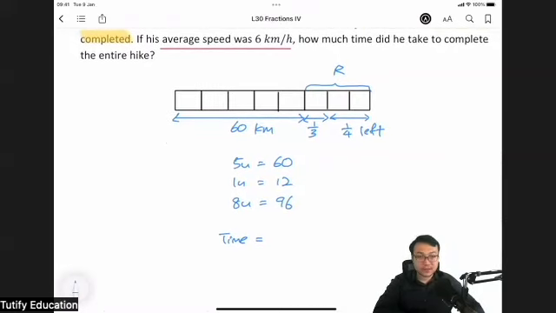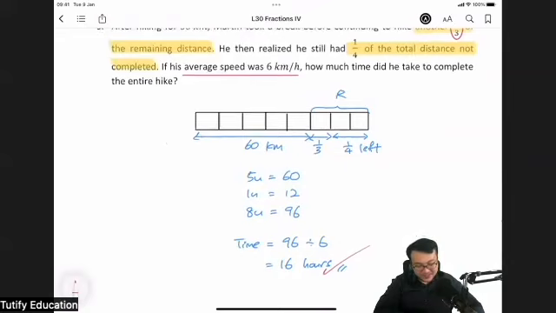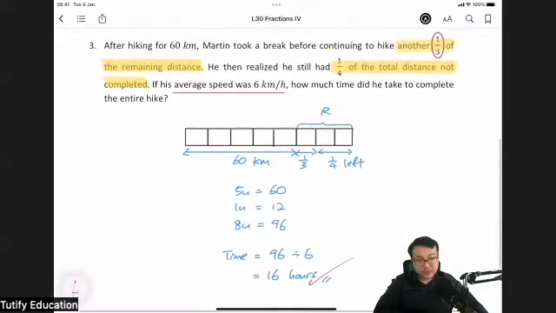How much time will he take, Kevin? 96 divided by 6. Very good. 96 divided by 6, you will get 16 hours. Wow, he walked for so long, 16 hours. Well done, Kevin. Kevin, you have any questions about this? No. All right, good job.